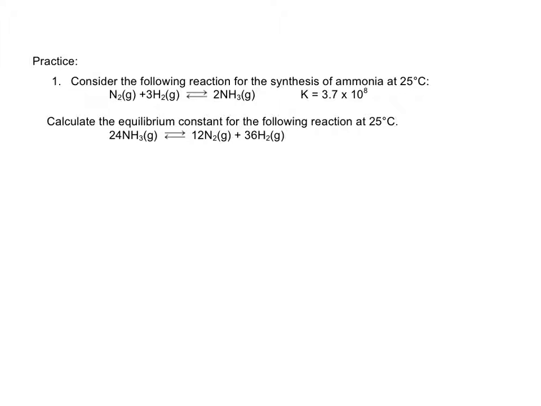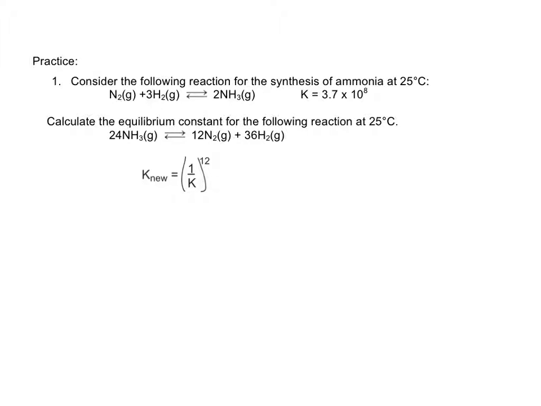Okay, so what we've done is our K for our new reaction, I'll call it K', is equal to 1 over the K for our reaction above, so 1 over 3.7 times 10 to the 8th, because we flipped the reaction the other way, and we've multiplied all of the coefficients in this equation by 12, which means we'll take the constant to the 12th power.